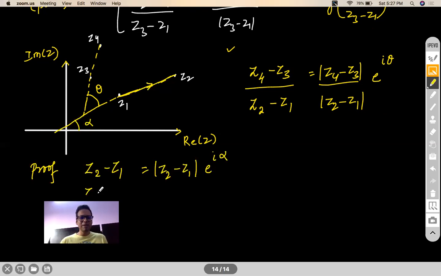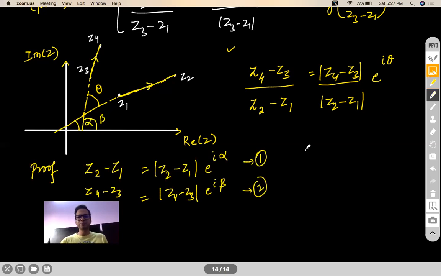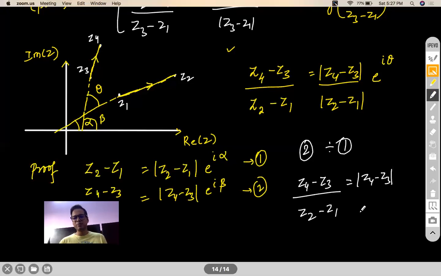Similarly, Z4 minus Z3: imagine a vector going from Z3 to Z4. If you extend this backward, let's say this is beta. So I can write it as mod Z4 minus Z3 e to the power i beta. If you divide 2 by 1, you get the same thing as what you have written over here: (Z4 minus Z3) by (Z2 minus Z1) is mod Z4 minus Z3 by mod Z2 minus Z1 e to the power i theta.